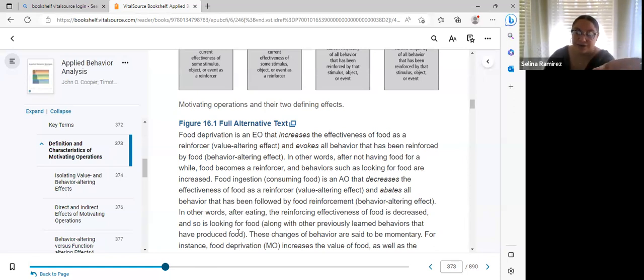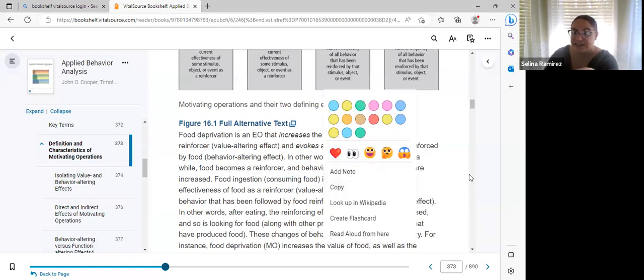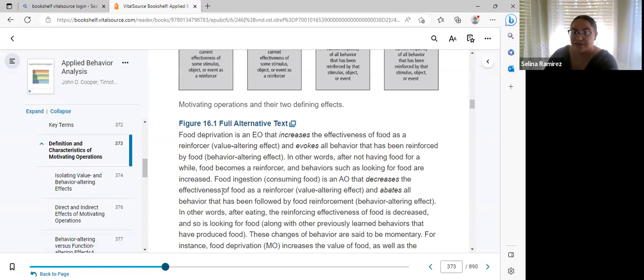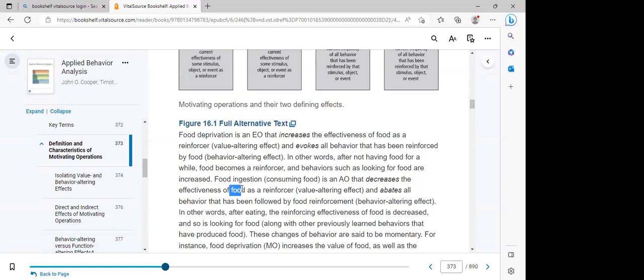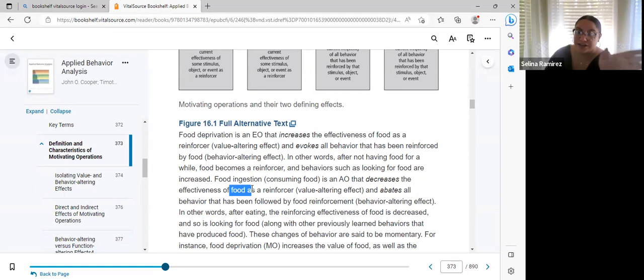Peace's example, with giving them frequent breaks, she is satiating them, right? So she's giving them lots and lots of breaks, which is the AO. So she's decreasing the effectiveness of escape as a reinforcer.